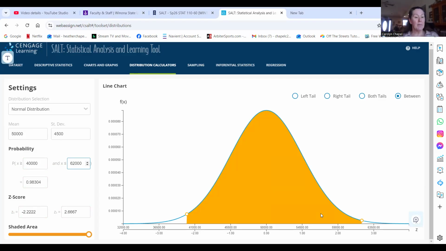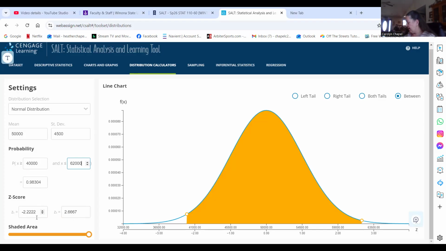It does give me the probability right there, which can also be thought of as a percentage, the percentage of light bulbs that fall in this area. It does give me the two z-scores for those values. So we are between the 2 and the 3 in both directions. So we are past that 95, getting pretty darn close to that 99.7.